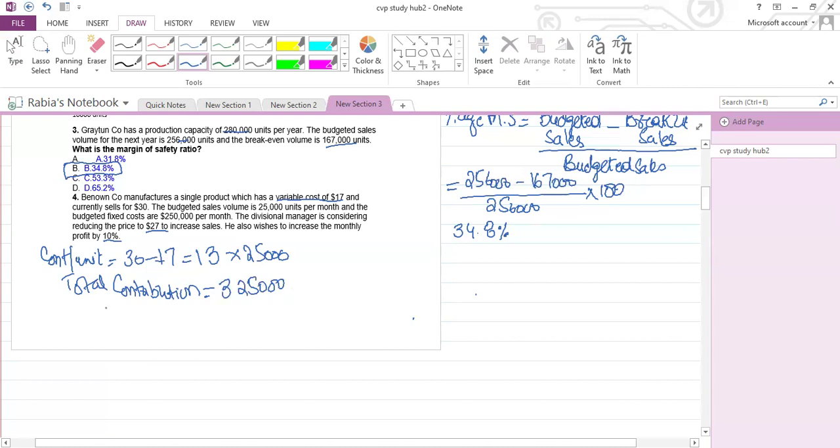Now, less the fixed cost to calculate the profit, because you want to earn the same profit with a decrease in sale price. Your fixed cost is 250,000.